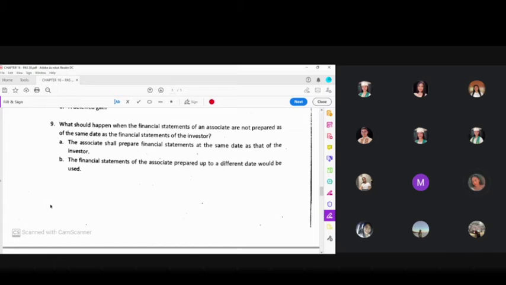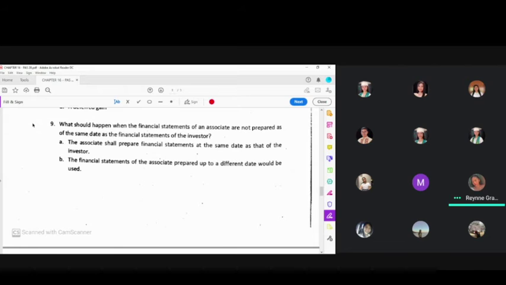Number 9. What should happen when the financial statements of an associate are not prepared as of the same date as the financial statements of the investor? Our answer, sir, is letter A. The associate shall prepare financial statements at the same date as that of the investor. Since in applying the equity method, the associate shall prepare financial statements as of the same date of the investor unless it is impracticable to do so.